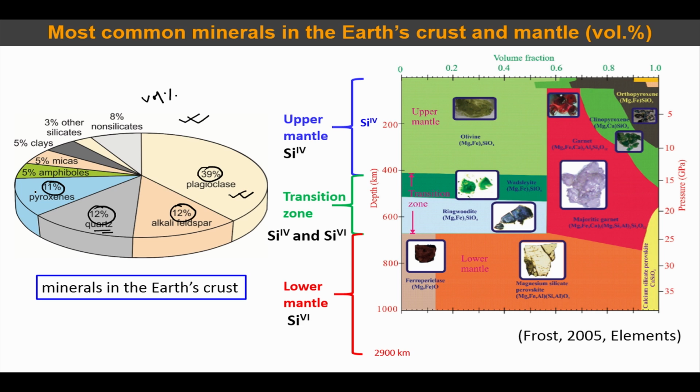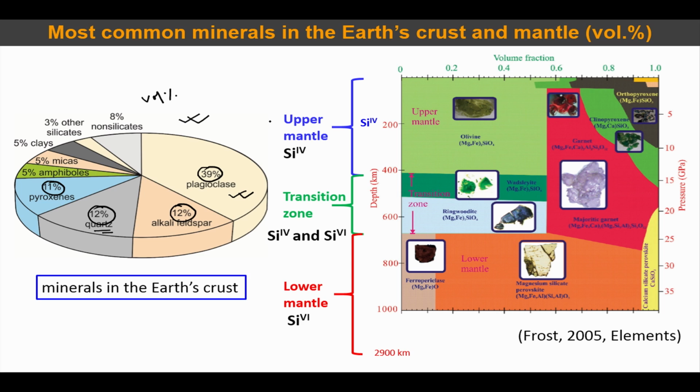If you go to the mantle, which starts from 30-35 kilometers beneath the continent, sometimes a little deeper, or 10 to 11 kilometers beneath the ocean, the mantle is divided into three layers.